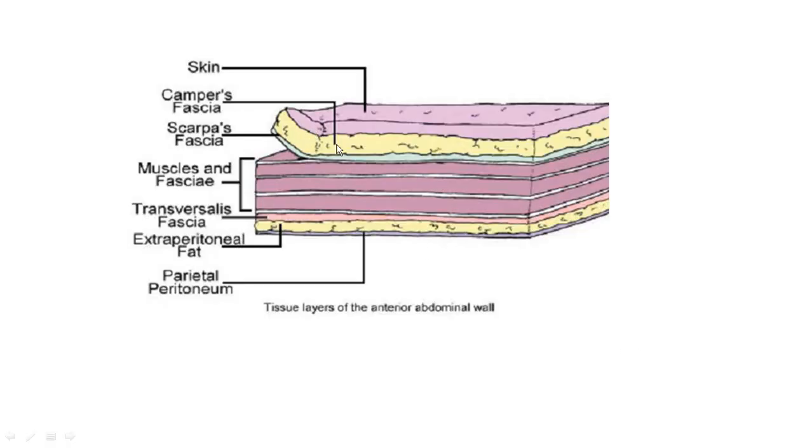In this picture, you can see the fatty layer as Camper's fascia and the membranous layer as Scarpa's fascia. Scarpa's lies below Camper's fascia and is deeper, as you can see in this picture.